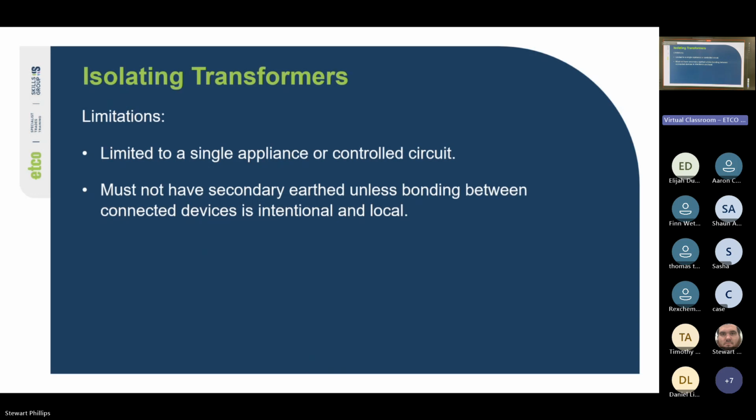If they're equipment that's designed to work together and you have to plug them in at the same time, that is the best case scenario for using one isolating transformer. More often than not, if they're designed to work that way, they will be purpose built like that. But again, it's a very rare occurrence that that's going to happen.